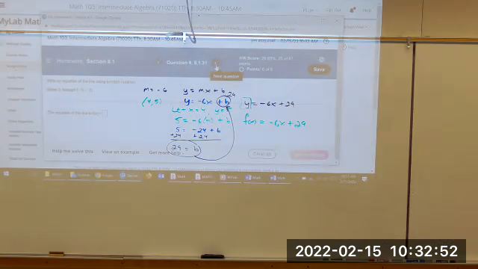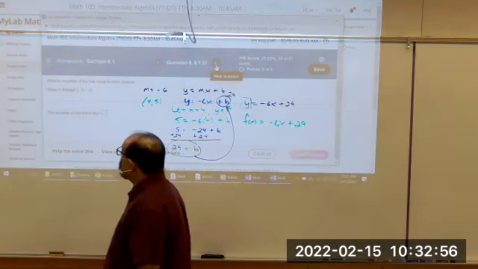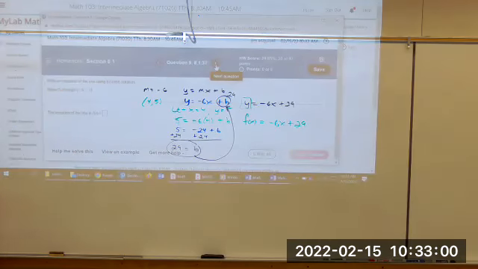Now, question 9. Equation of a line, function notation. Slope is 0. Step 1, find the slope. It's 0. Step 2, is it a special case? If the slope is 0 or undefined, you have a special case. What kind of line has a 0 slope? Vertical or horizontal?